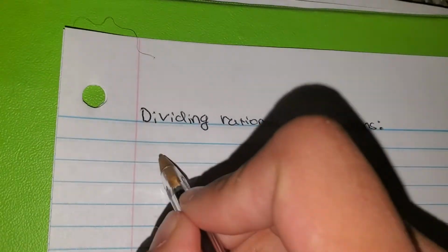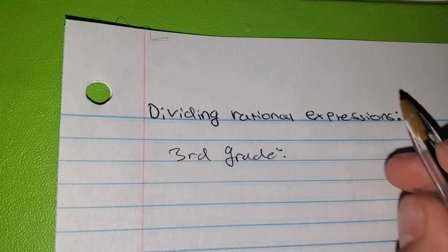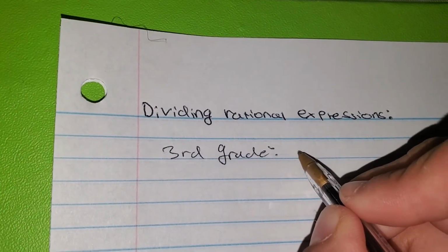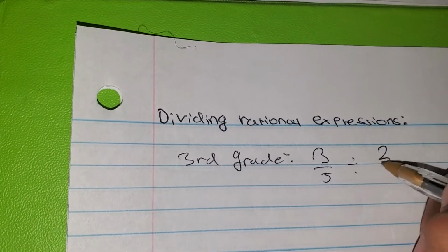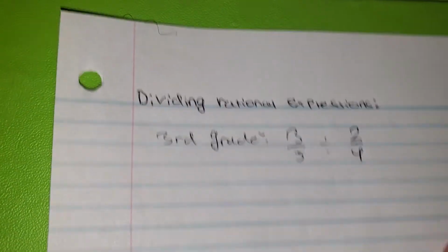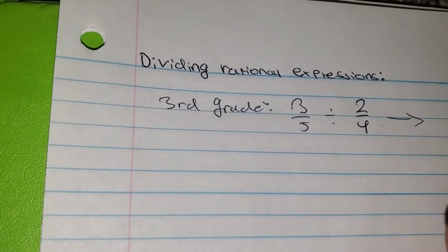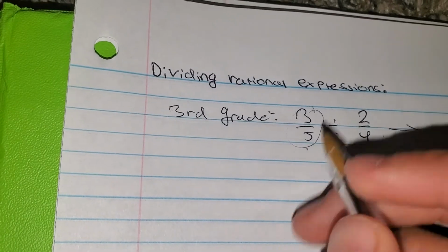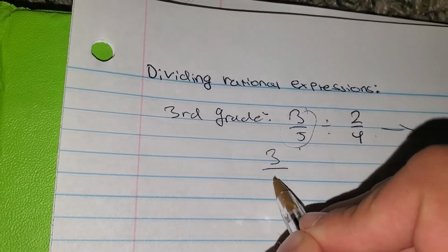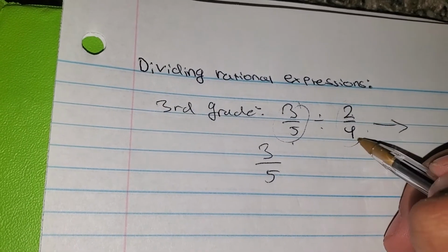So in the third grade, when we learn how to divide fractions, we had 3 over 5 divided by 2 over 4. Pretty much what we did was we copied the first fraction, it stayed the same, and then we multiply by the reciprocal.